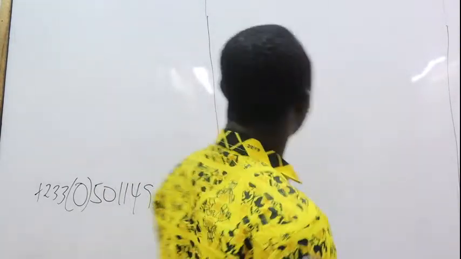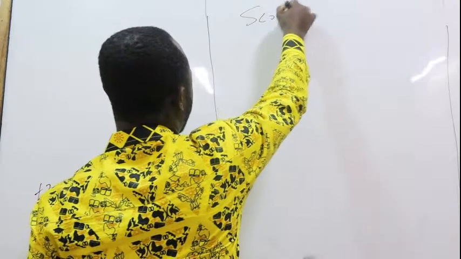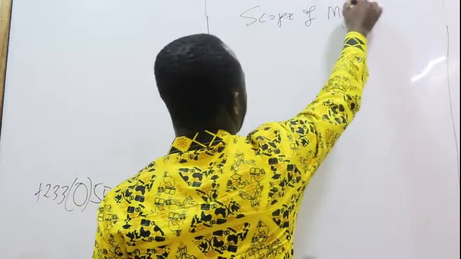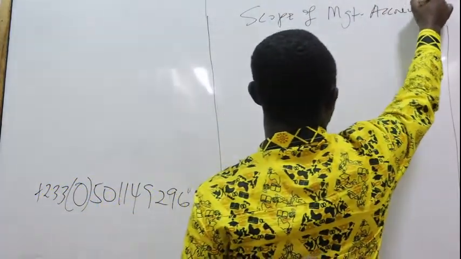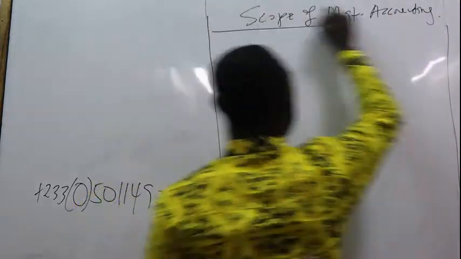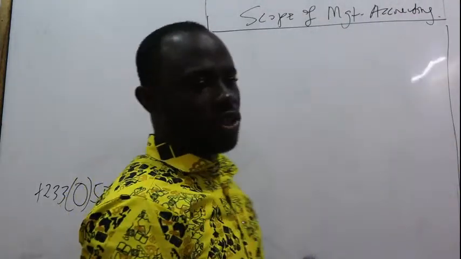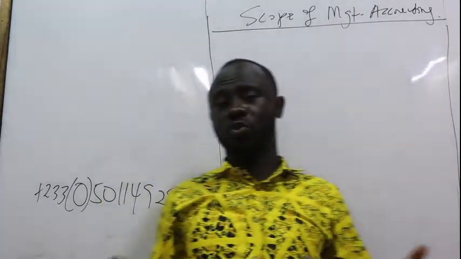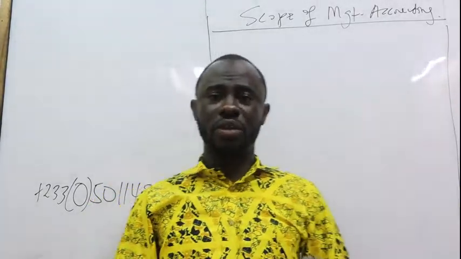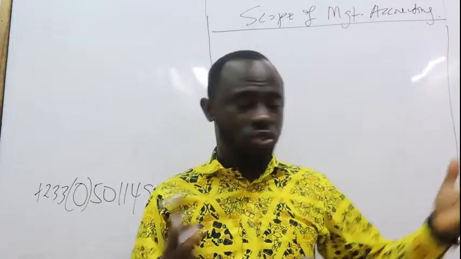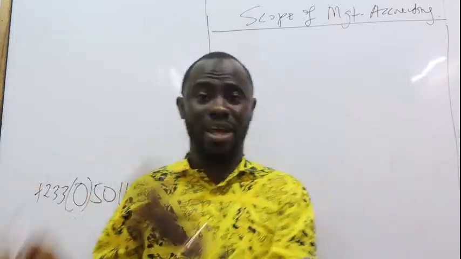So we first want to look at the scope of management accounting. In looking at the scope of management accounting, we first want to start with the difference between cost accounting and management accounting.